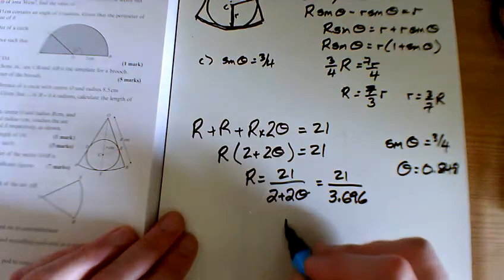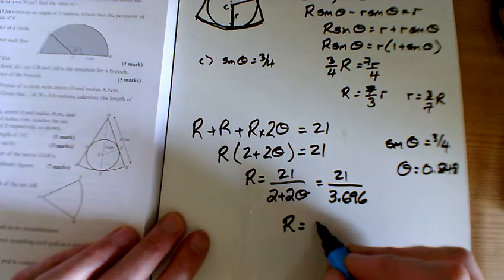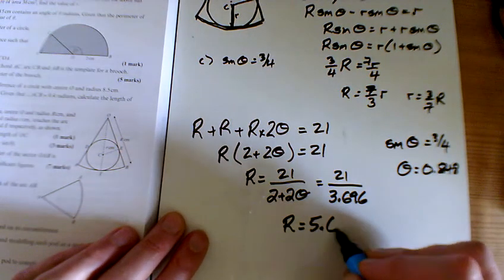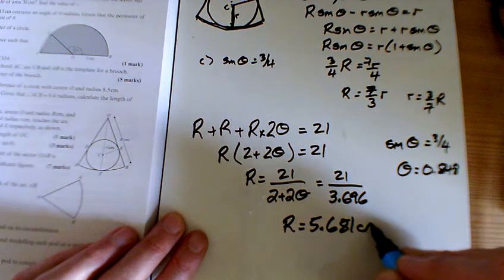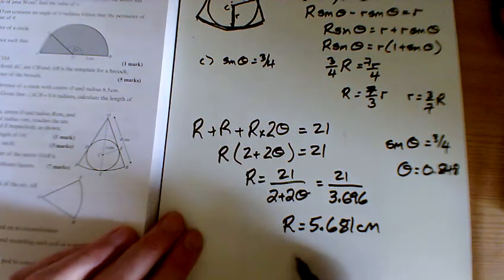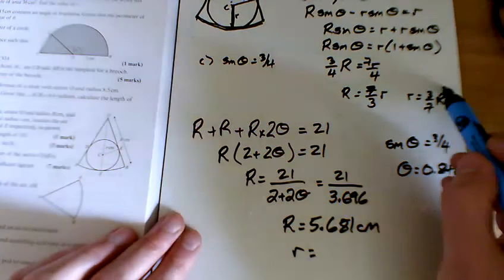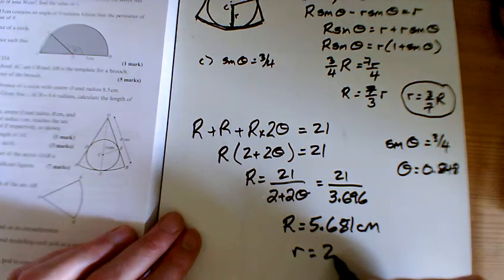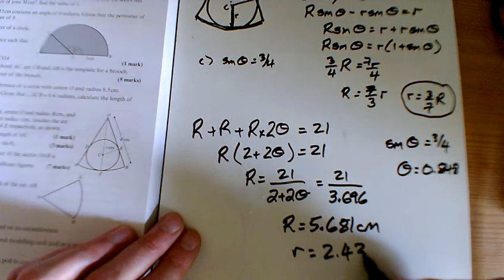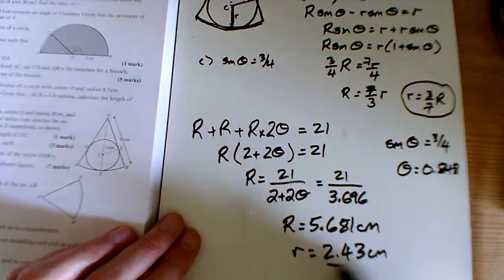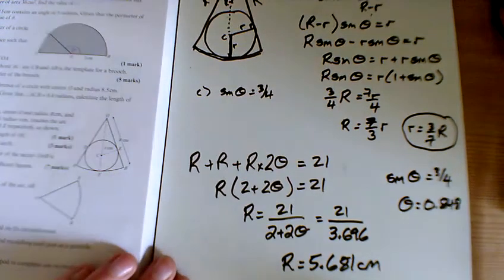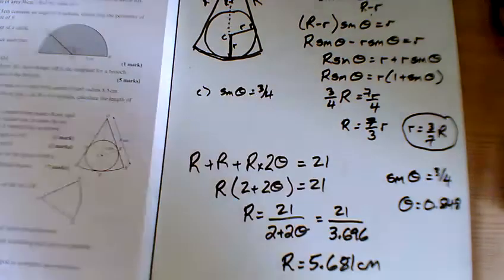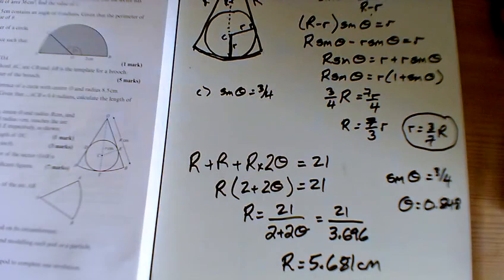And so we're virtually there. Capital R is 5.681 centimetres. Of course, it didn't ask for that. It asked for little r, but that's why we did that bit there. Little r is 3/7 of that, which is 2.43 centimetres. So I think they guided us through by telling us to work out each little bit, but a lovely problem-solving question.